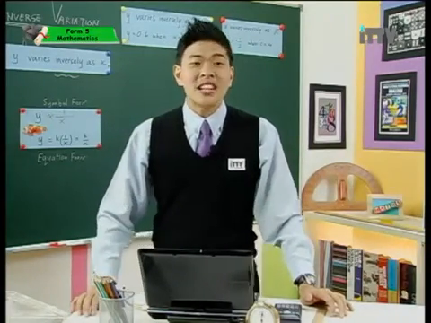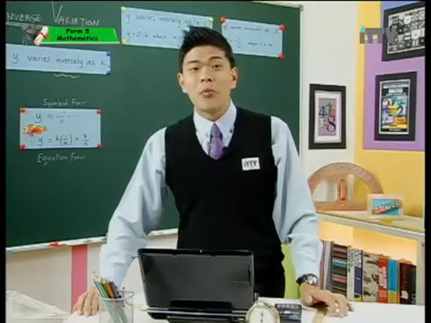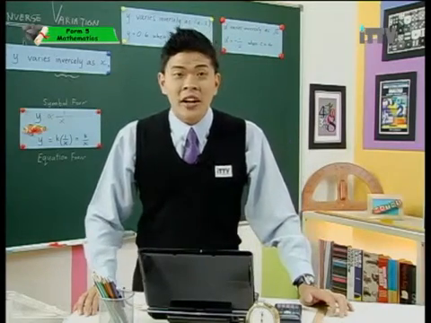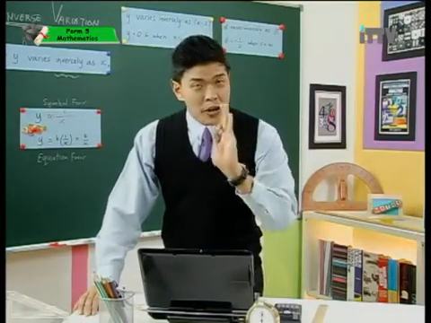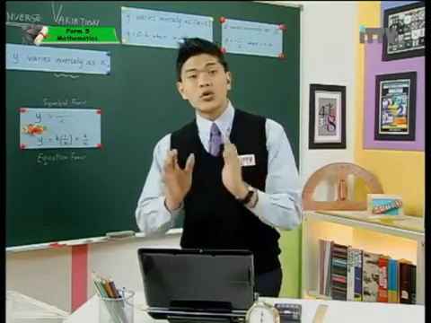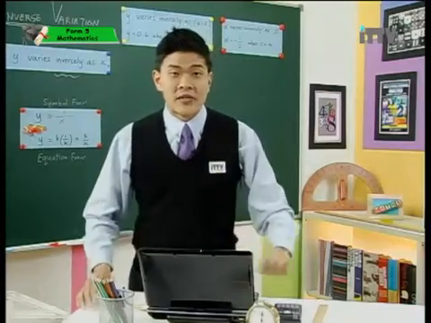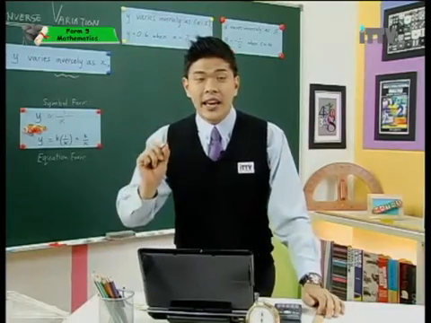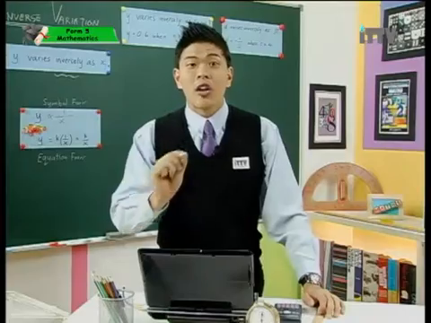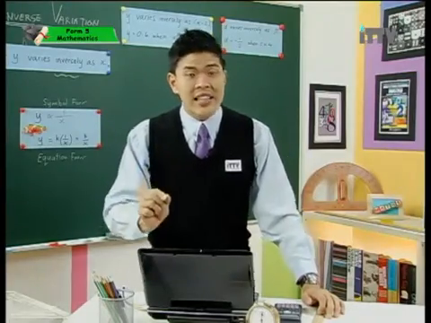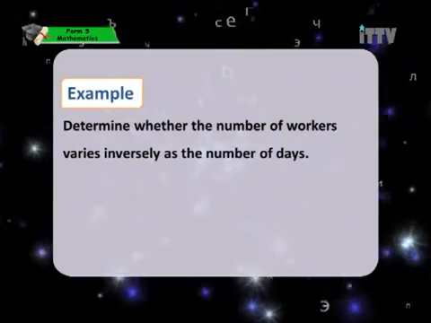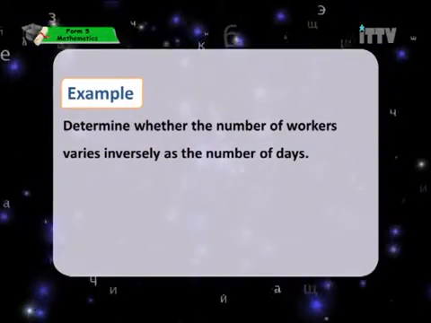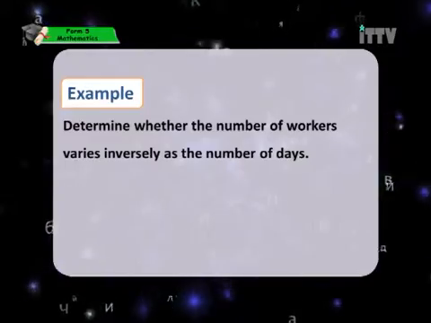Every time you need to verify any form of variation, whether direct or inverse, you need to use the value of k. Remember, because y equals k over x in an inverse variation, the value of k is actually the product of x and y. In this case, D and W. Determine whether the number of workers varies inversely as the number of days.